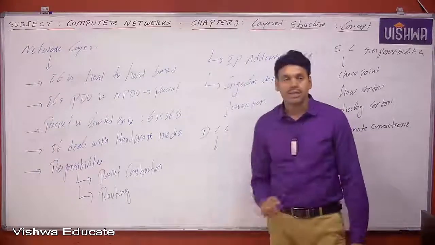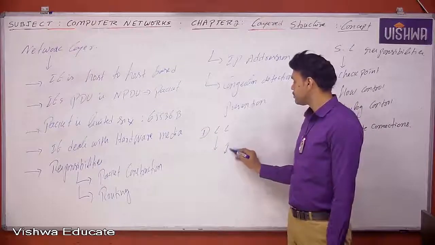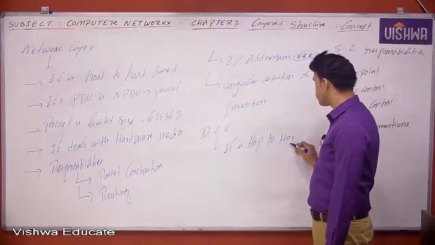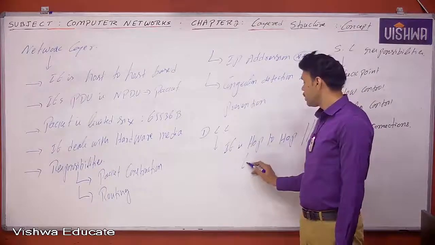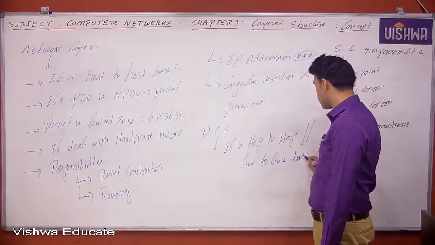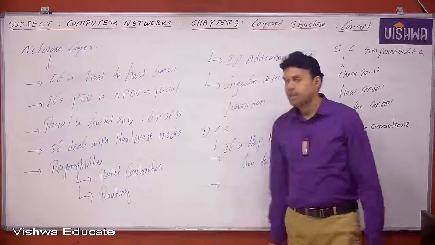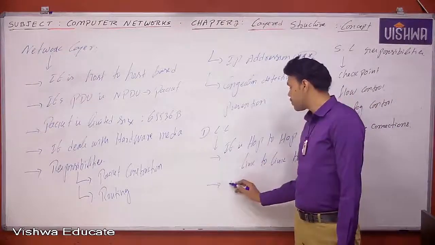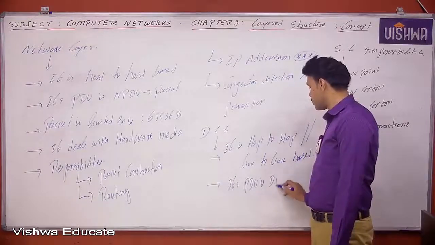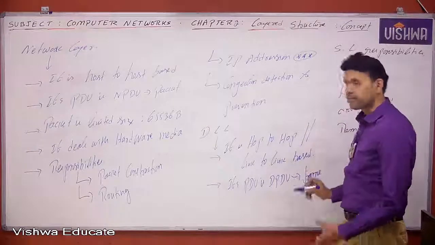And the next layer is the data link layer. What's the data link layer? It is hop to hop, link to link based. Number two, coming back to its PDU, in the form of frame.